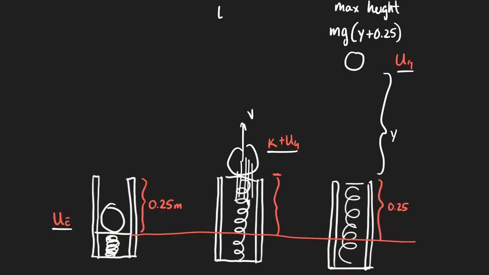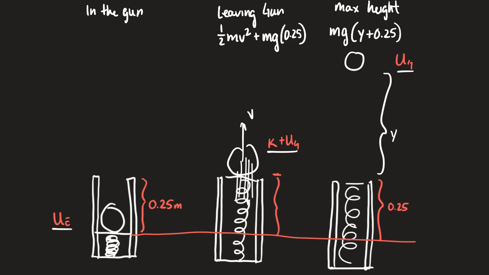Here, when we're just leaving the gun, it's all in the form of kinetic and a little gravitational potential. And here, in the gun, it's all in the form of elastic potential.